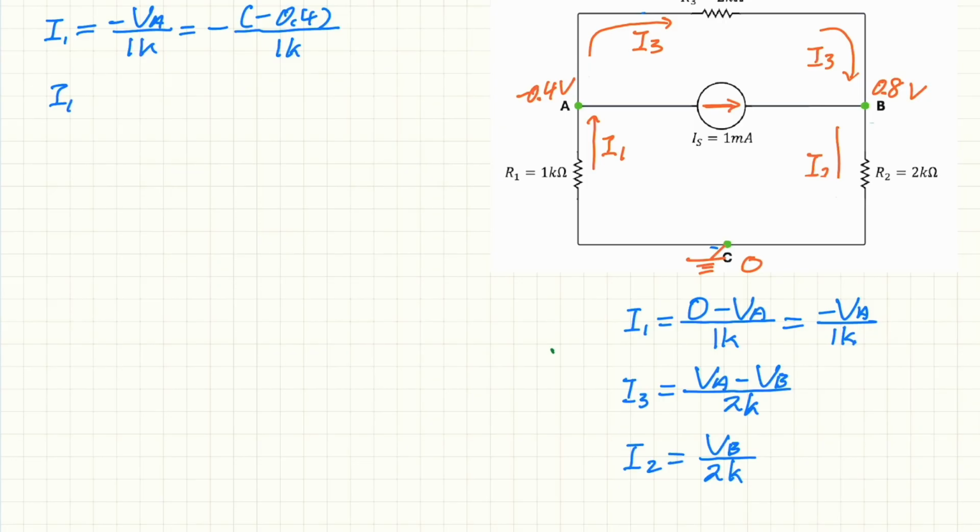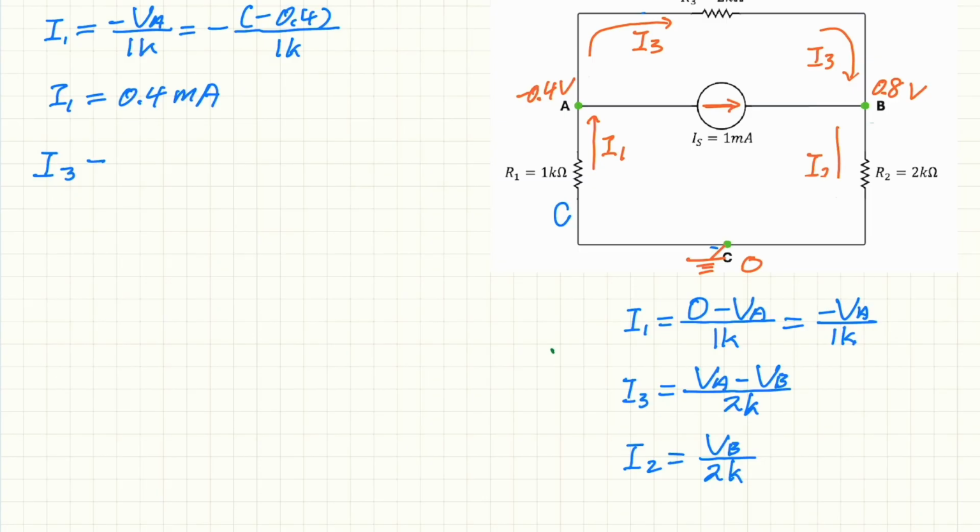So I1 is equal to 0.4 milliamp. And because this is positive, it is flowing from C to A, and this is consistent with the direction we assumed.